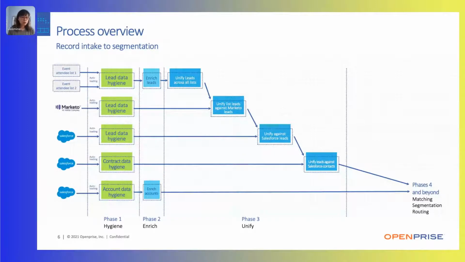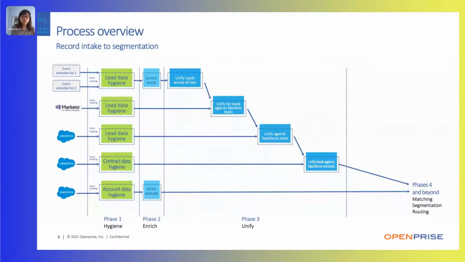So you have to take care of the hygiene first, which is the first phase. And as I explained earlier, after the hygiene happens, you would want to enrich that information. After that, unify everything into one single format. And after that, you could move on to matching, segmentation, and routing.